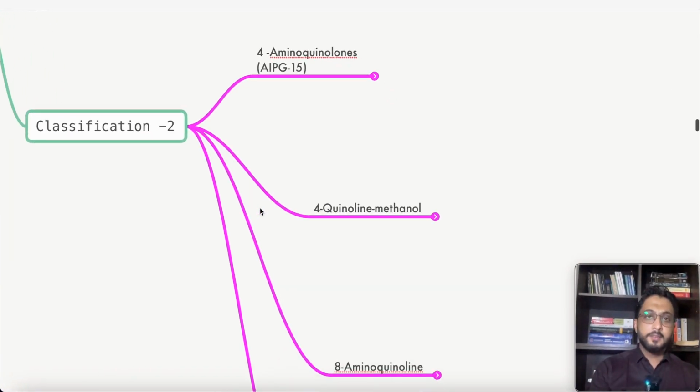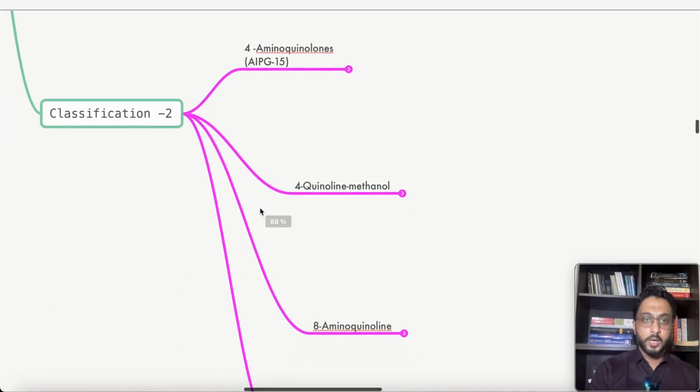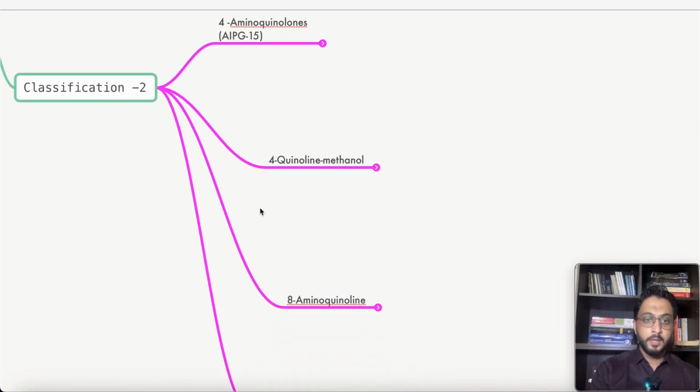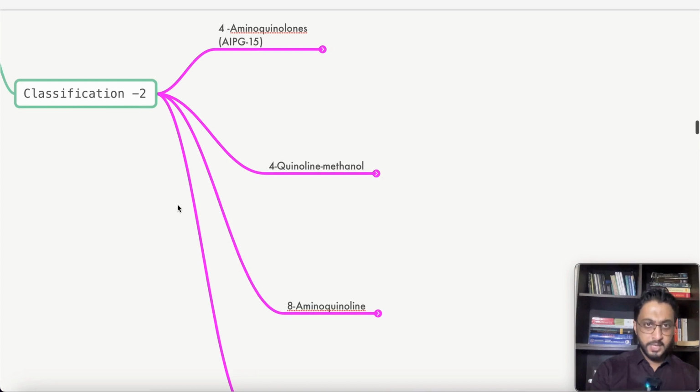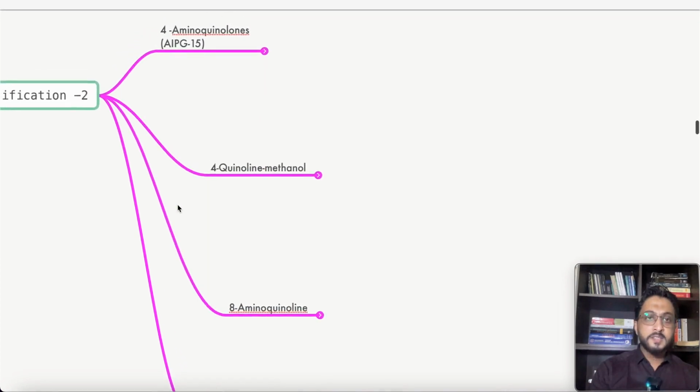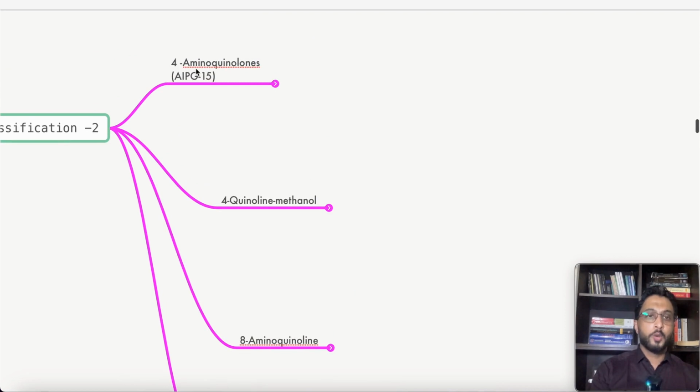Now, another classification which is given in your book is about the chemical composition. The other one was where exactly it's used, which stage it's used. So one question was asked: in APG 15, which of the following is a 4-aminoquinoline? So there are 4-aminoquinolines and 8-aminoquinolines.